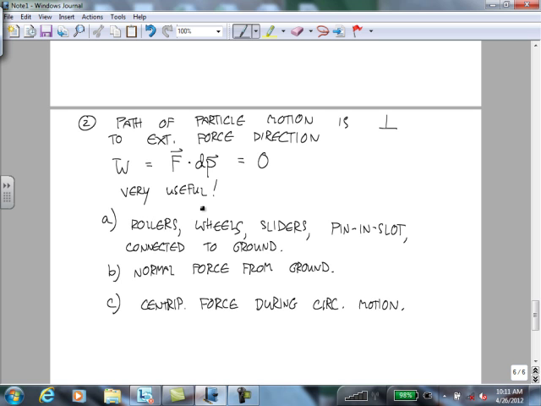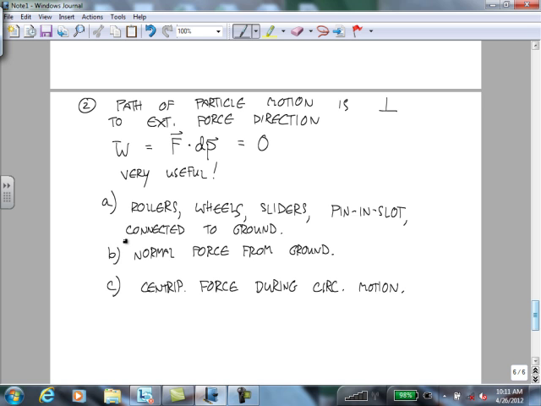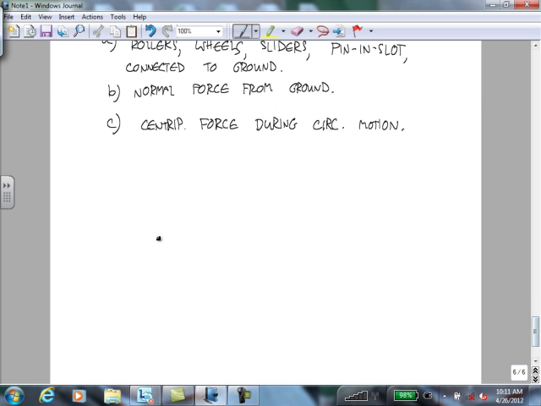Okay, so the object in this case is moving in a circular path like this, if that's the particle. If there's a force applied that way, its instantaneous direction of motion is this way, right? And so those are perpendicular, and so zero work is done by a centripetal force. Okay.